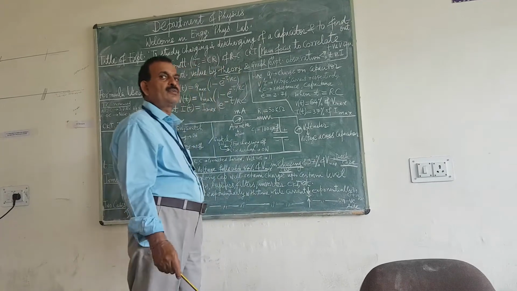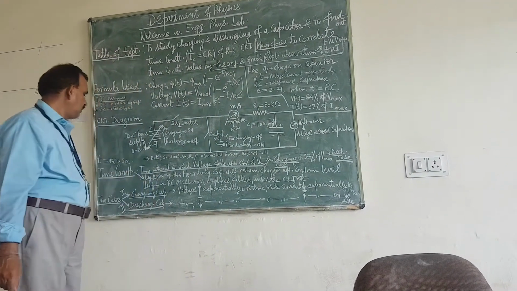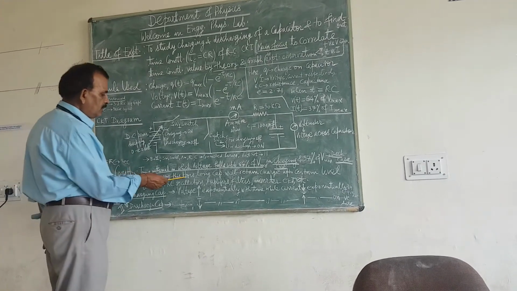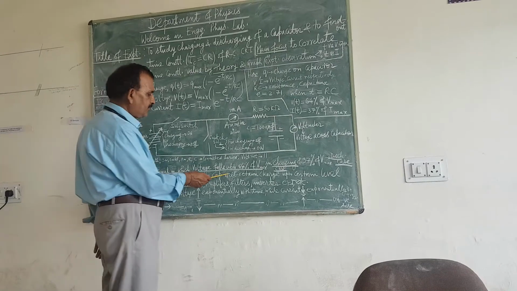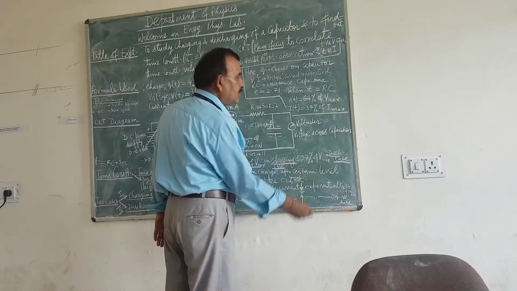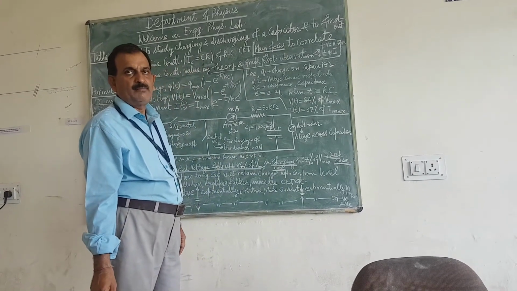There are two cases, the charging case and the discharging case. By knowing the time constant, we get the scientific information about how long a capacitor will retain charge up to a certain level.